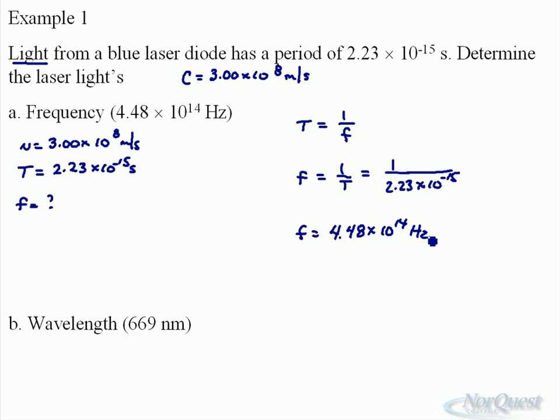When you want wavelength, then we're going to use the other formula we talked about. Velocity equals frequency times wavelength. So wavelength will be equal to velocity divided by frequency.